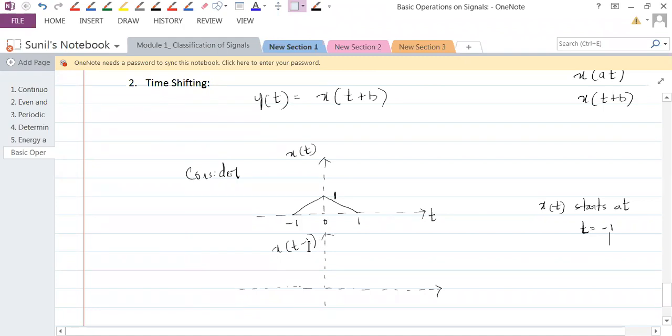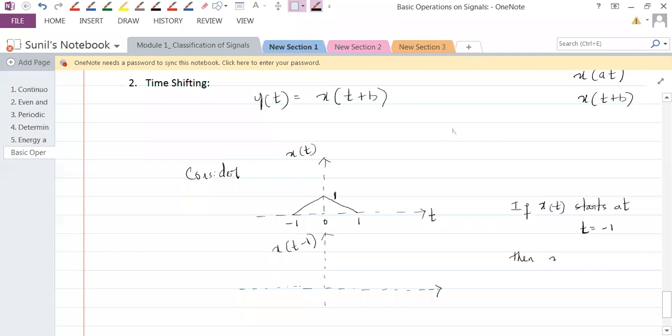This is how we need to say: if x of t starts at t equal to -1, then x of t minus 1 starts at t minus 1 equal to -1.